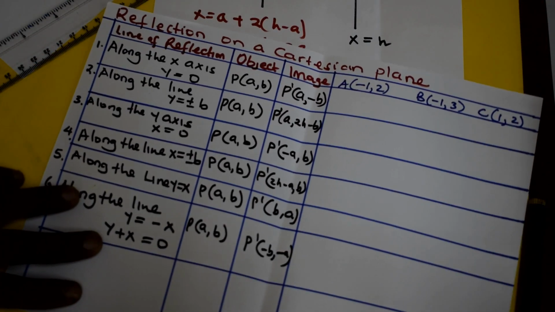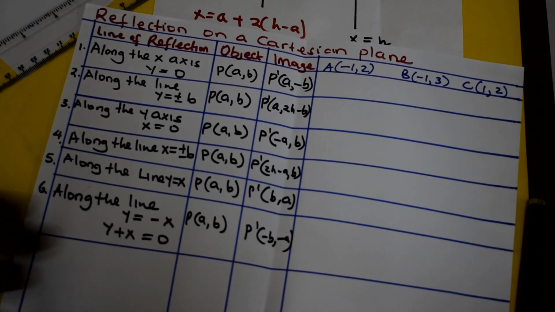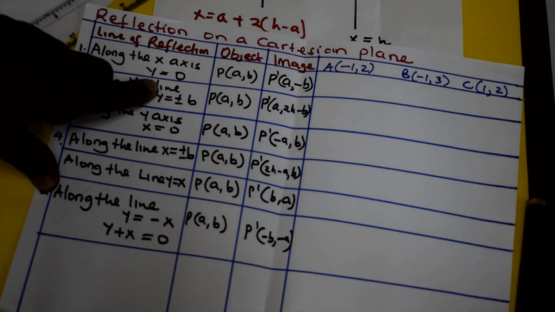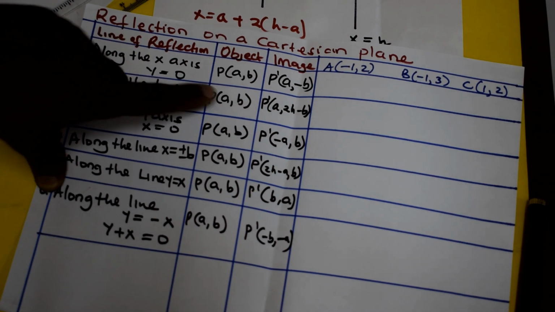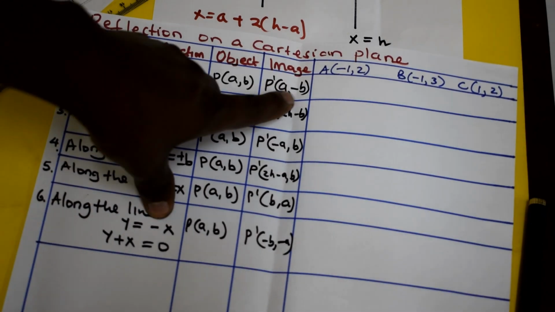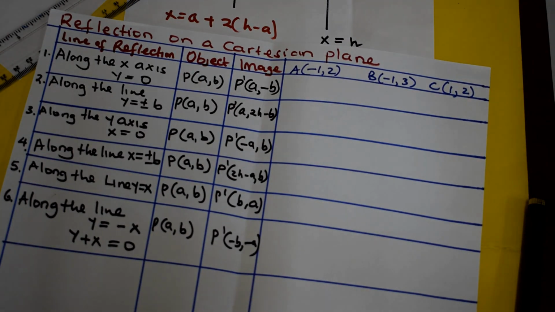When you have reflection on a Cartesian plane, the first one we are saying is along the x-axis, which we call y equals 0. The object point (A, B) becomes (A, negative B), and I've given you some points here to get the image.